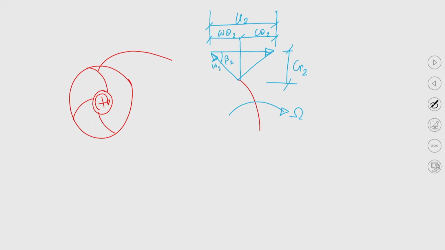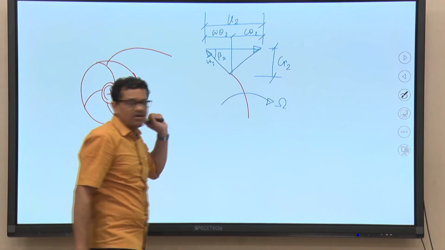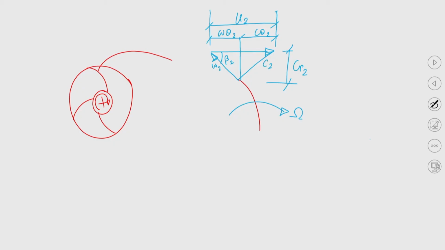So, this is what we know. If we allow this pump to run at its design condition, the velocity components will be C2, W2 and U2 at the outlet, right.